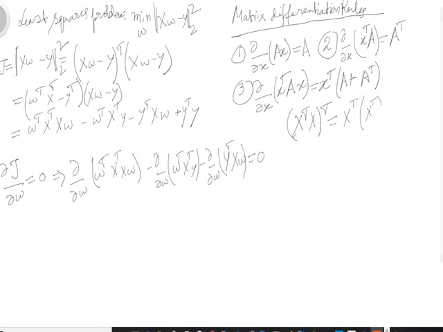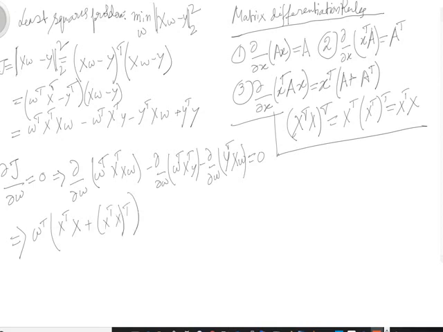Now let's come back to our original equation, del J del W equals 0, and using the three rules we get the following. First of all, we are going to differentiate the first term using rule 3, and we are going to get this expanded term.